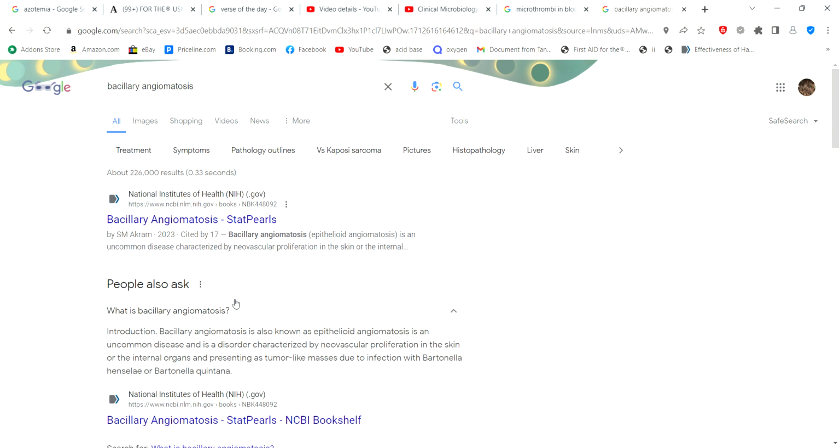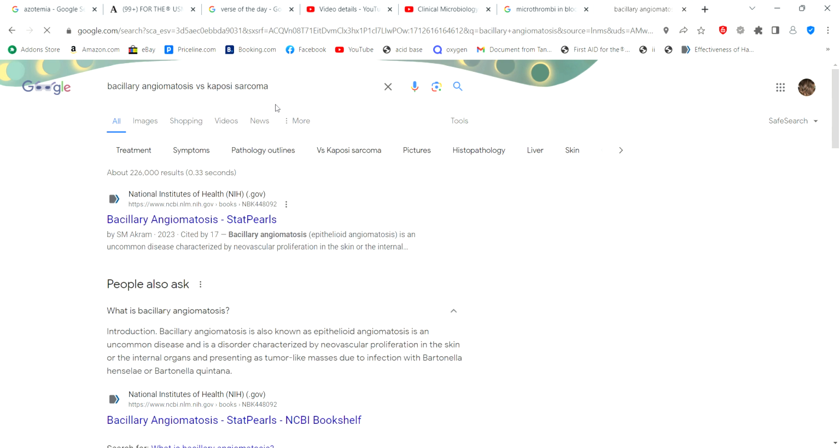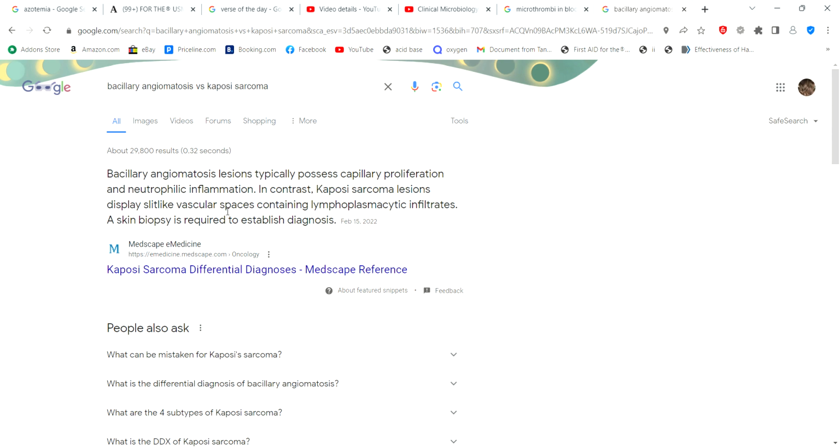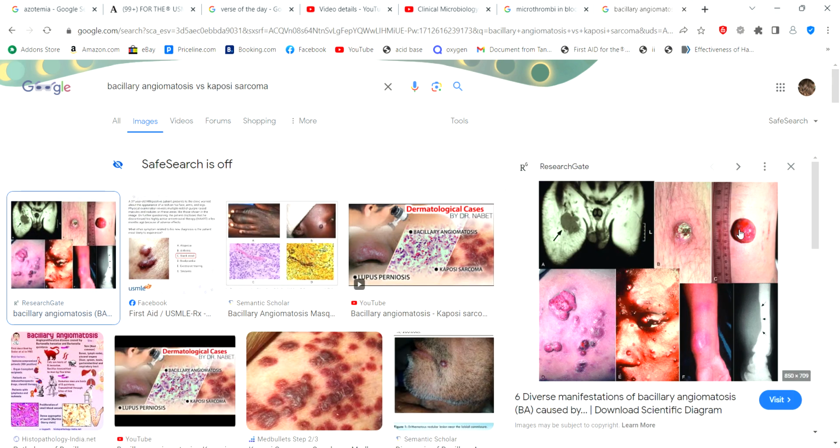Okay, so that's bacillary angiomatosis versus Kaposi sarcoma. This is Kaposi sarcoma right here.